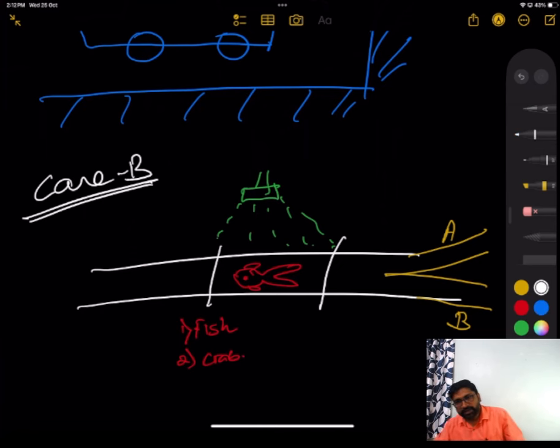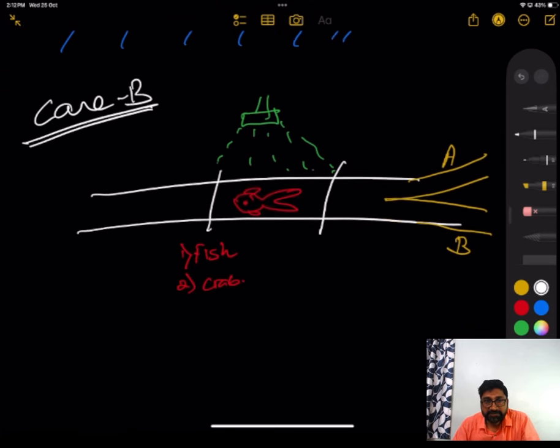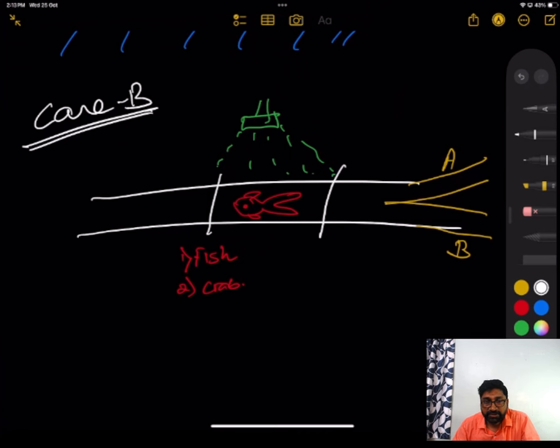Now, how will you identify whether a given object is a fish or a crab? This can be achieved with the help of features. For example, we know that a fish could be larger in length compared to a crab. So length could be one of the features.